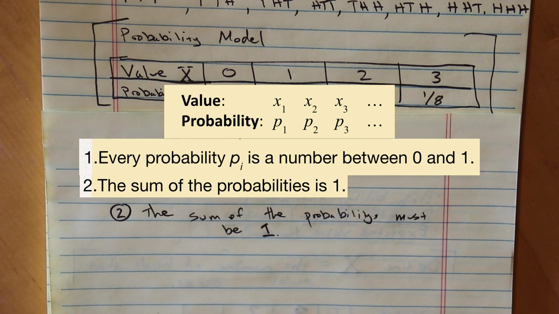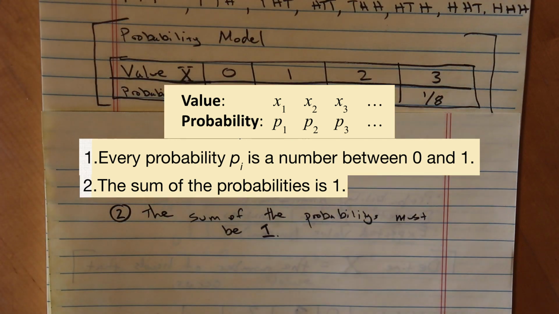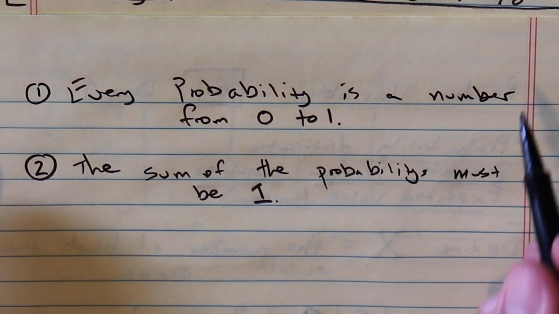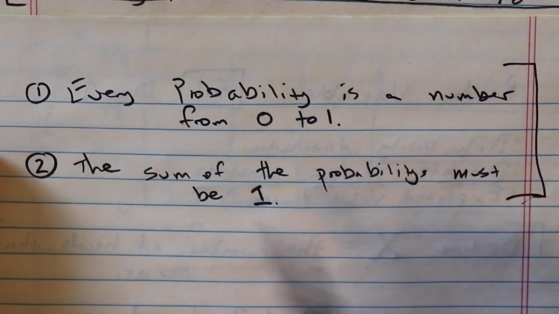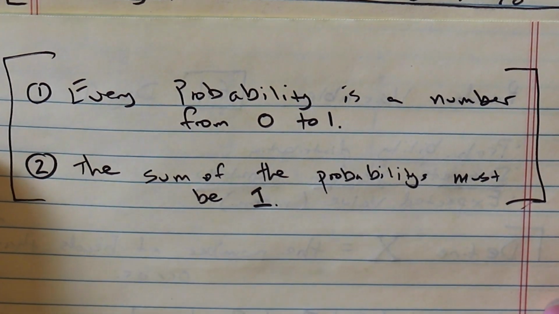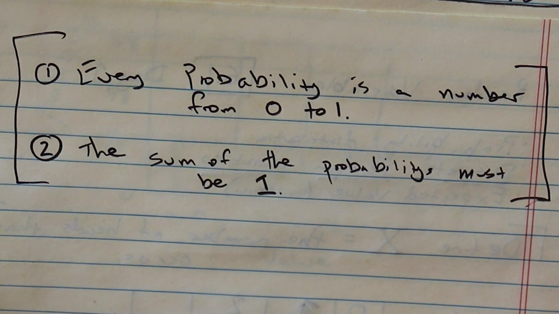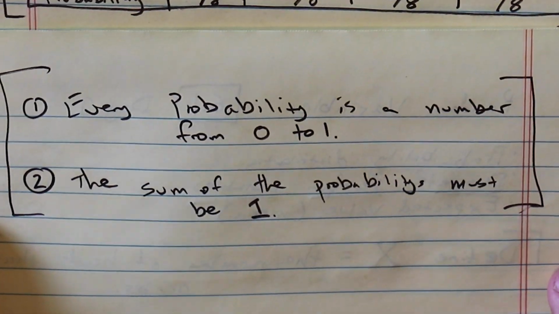And to find the probability of any event, you can add the probabilities together that make up that event. We're going to take a look at that here in a second. Make sure that you understand these two rules. We're going to take a look at a few questions here. A typical question might be, does this probability model accurately describe the random variable?